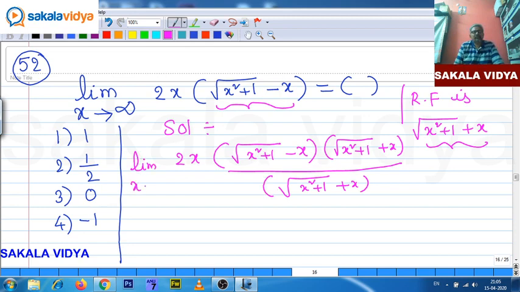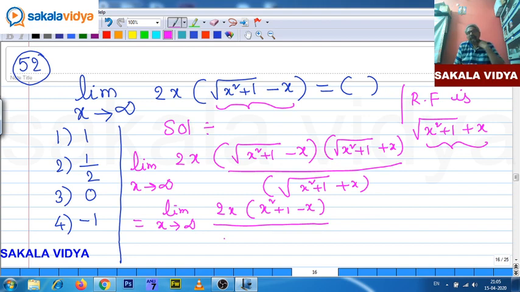Limit x approaches to infinity. Now, what do you get here? We have 2x into, this will be x square plus 1 minus x square, because a minus b into a plus b, upon root of x square plus 1 plus x.